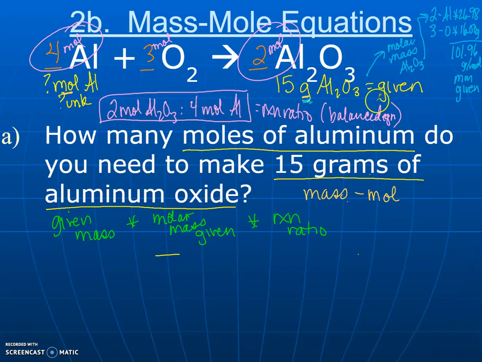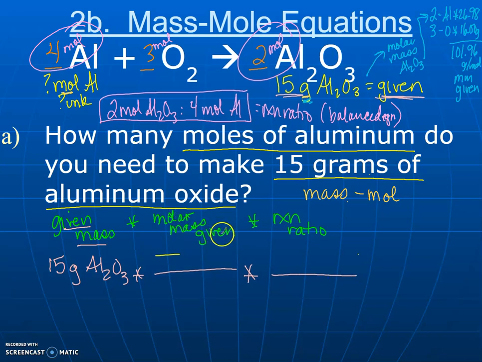First things first, start with the given mass. The given mass in our problem is 15 grams of Al2O3. I know I'm going to have to use 2 conversion factors with my dimensional analysis, so make 2 blank lines. Then arrange the molar mass of my given in the correct spot.